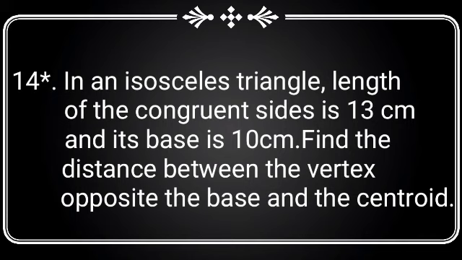Example number 14 star. In an isosceles triangle, the length of the congruent side is 13 cm. Its base is 10 cm. Find the distance between the vertex opposite the base and the centroid.